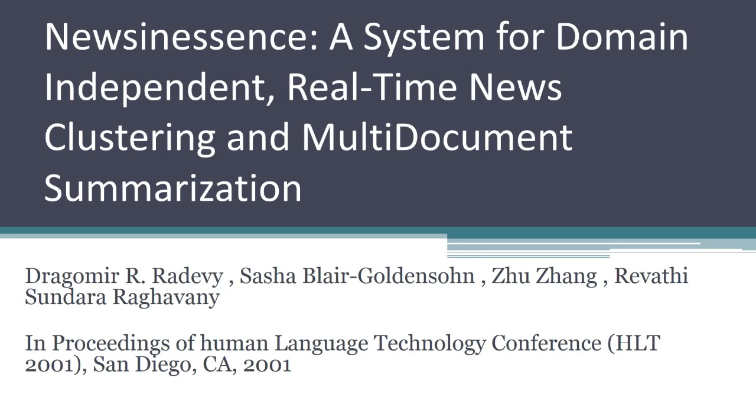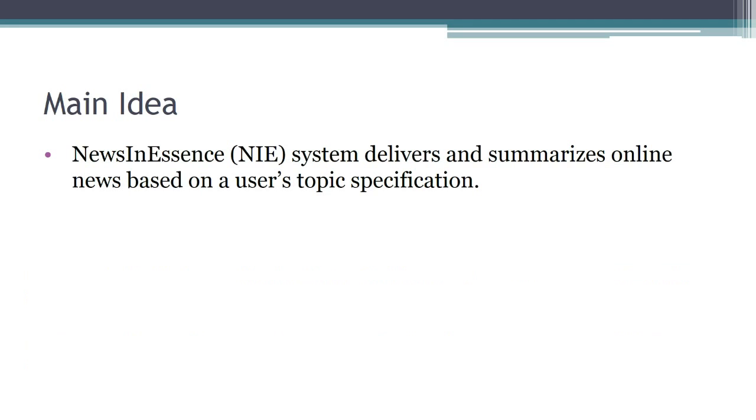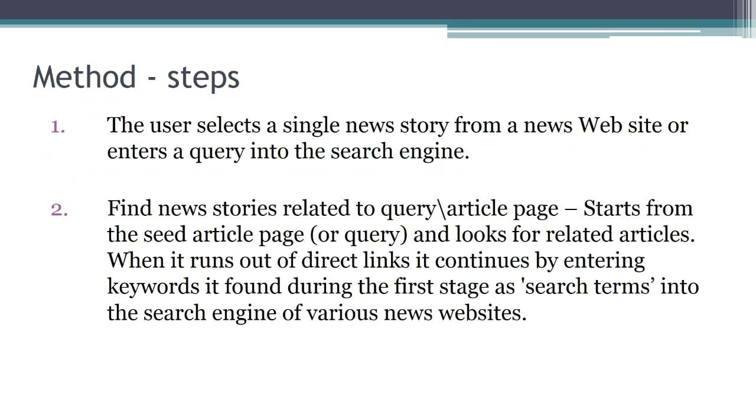Okay, so the second system is News in Essence. The main idea: it delivers and summarizes online news. What's special here is that we're talking about the users, a lot of user specifications. We'll elaborate on that soon.